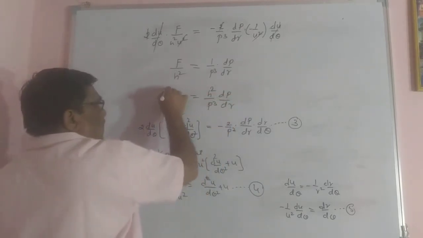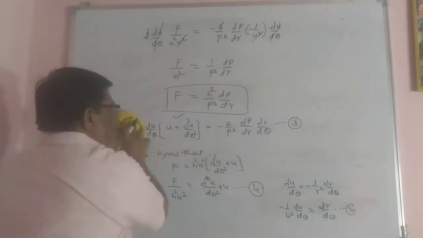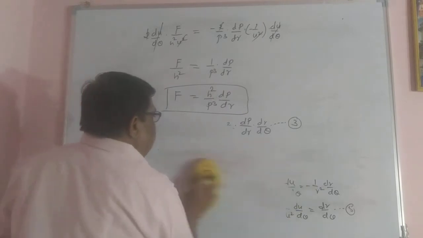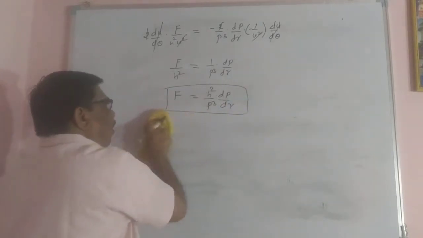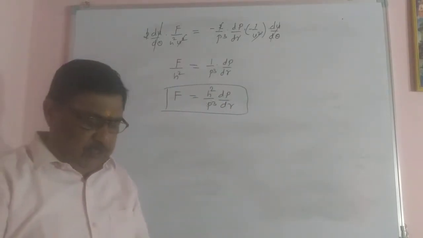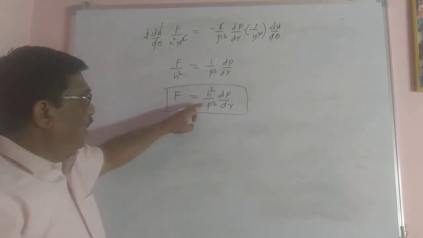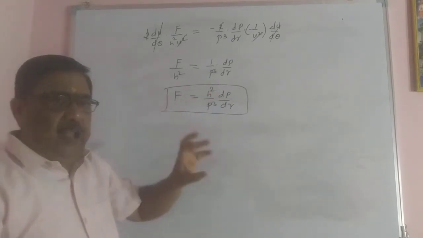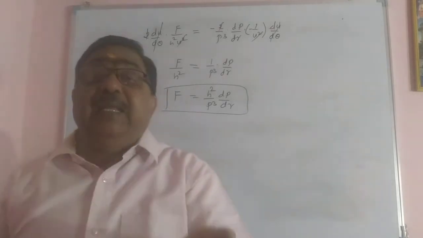So this is the central force in the pedal form. This is very simple to prove, but very important from the examination point of view. Please note it. Then we have to solve examples based on this formula. F is given by h square by p cube dp by dr. You apply this when in the problem p is given.